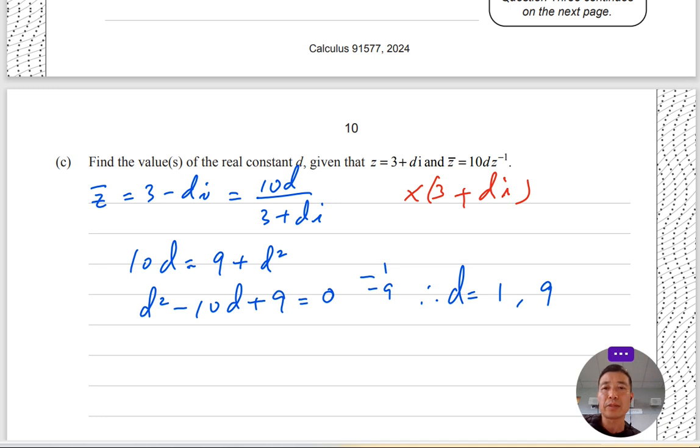Then I switch: 10d equals 3 minus di times 3 plus di, which gives 9 plus d squared. I put them on one side, making a quadratic equation, and it turns out d is 1 over 9.